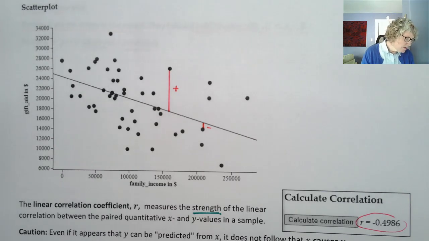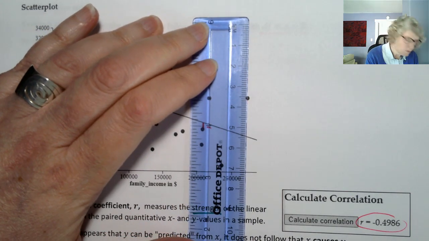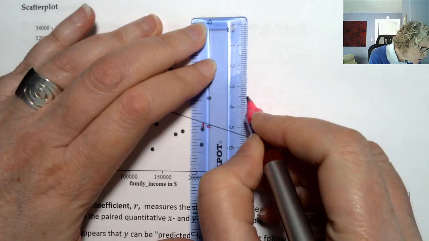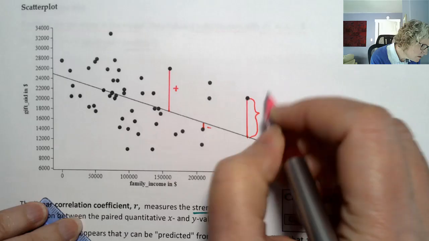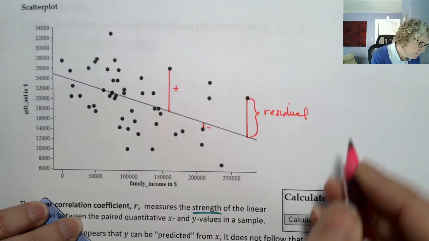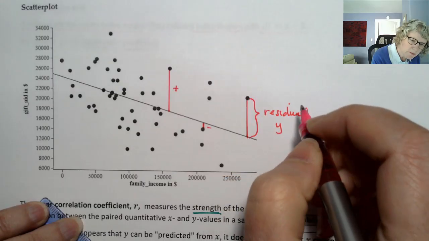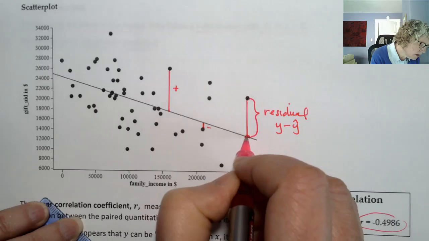Okay, so this residual, let me find one I can write on. Let me do this last one here, the one we said before was kind of on the edge. So this is the residual. It's y minus y hat, and y hat is the point on the line.